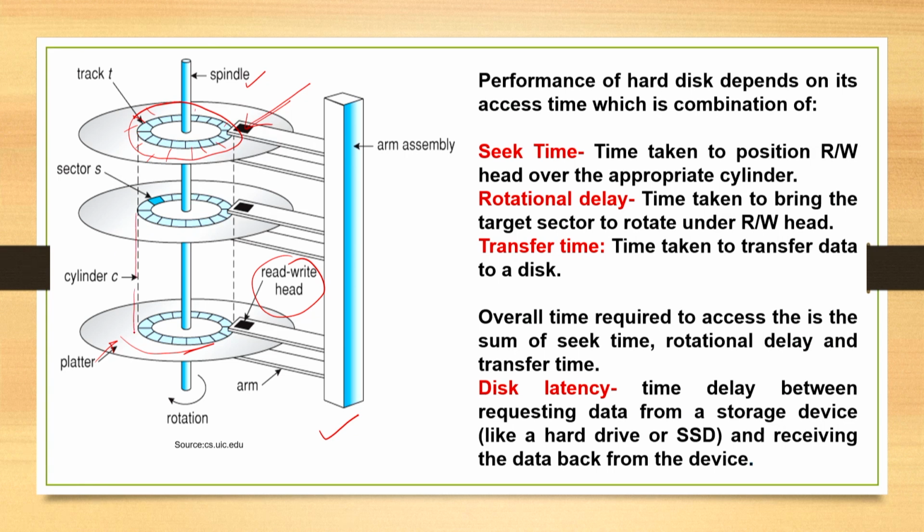All these platters on the same track are referred to as the cylinder, and the spindle rotates while moving the read-write head over a particular track or sector. So, these are the important components of a hard disk: spindle, read-write head, cylinder, platter, tracks and sectors.